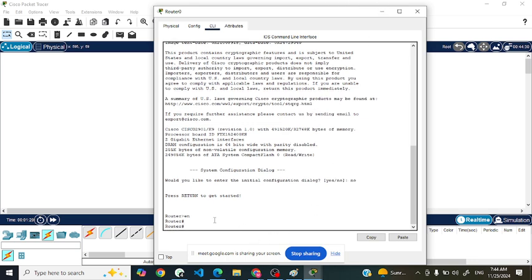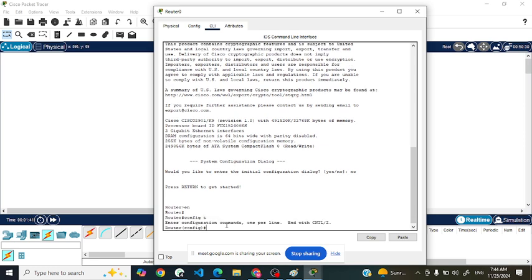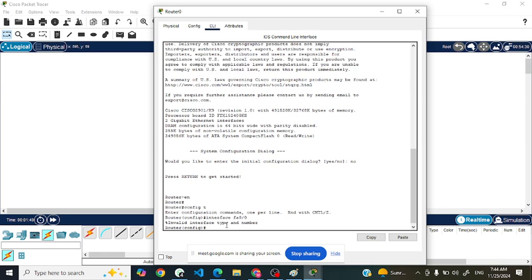So first of all, what will we do? Lakshman? Configure the router by assigning an IP address and the no shutdown command on the device. Okay, let me configure it.